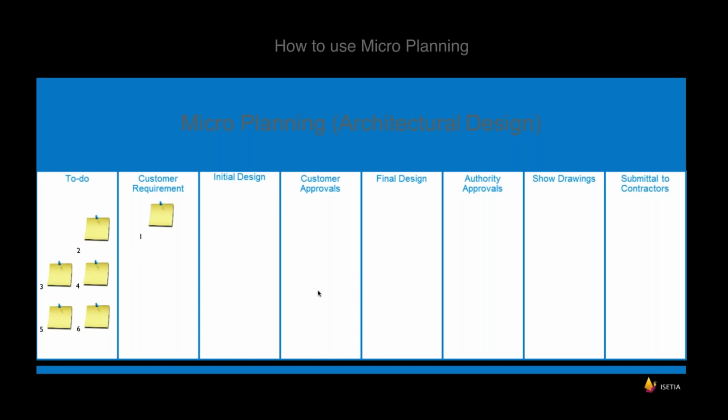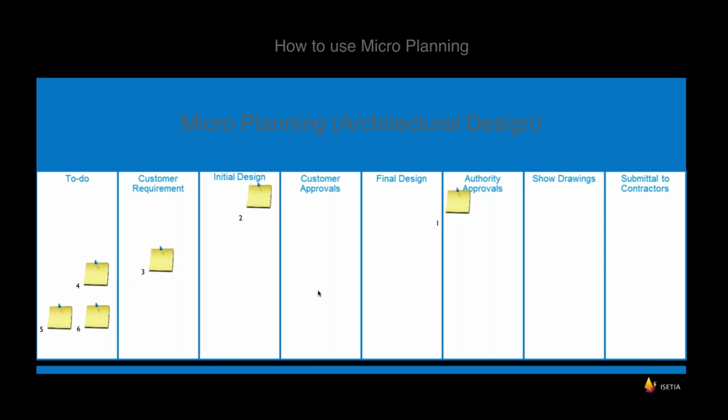For example, the first to-do is moved to the customer requirement, then it's going to the initial design, to customer approval, and this is what you can see on the top: customer requirement, initial design, approvals, final design, shop drawings. This is the process that you can manage in the ISETIA board.